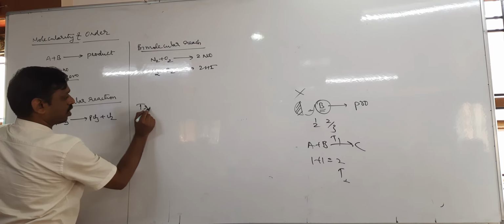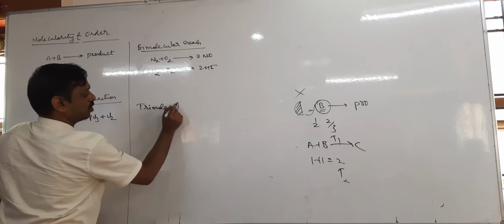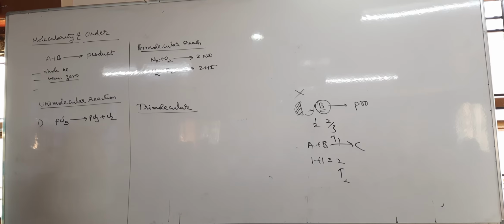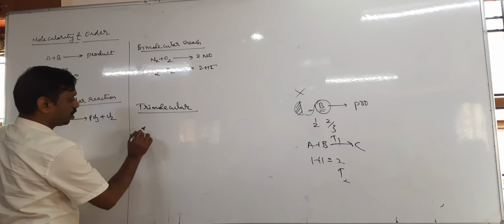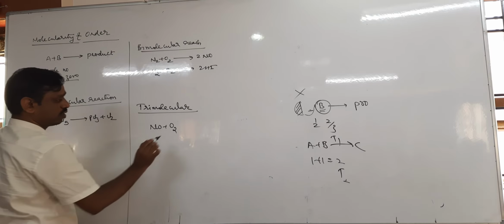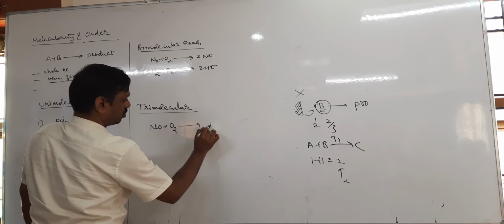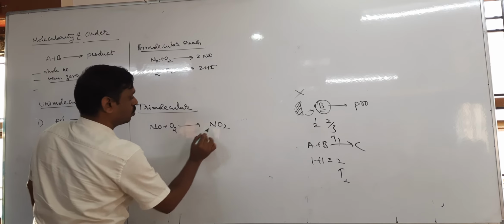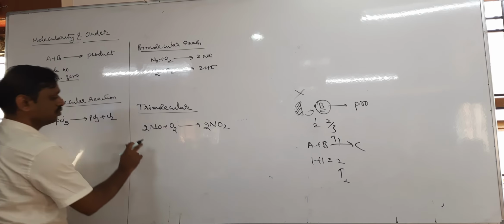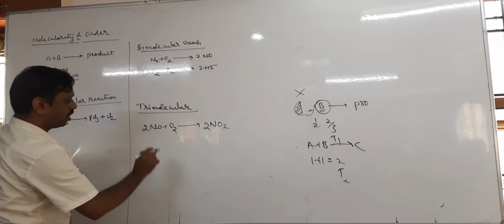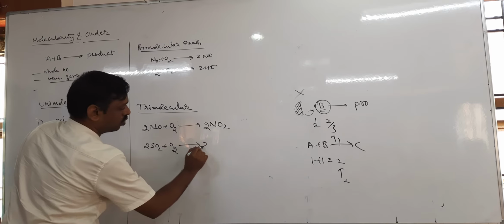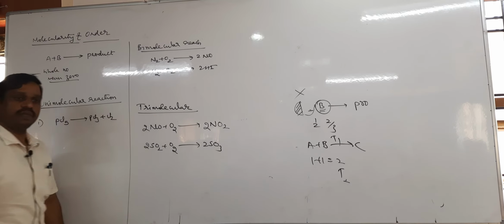Next is trimolecular, the reaction in which simultaneous collision takes place between three reactant molecules, that is 2NO plus O2 gives 2NO2. Okay, trimolecular, and even 2SO2 plus O2 to 2SO3 is also trimolecular.